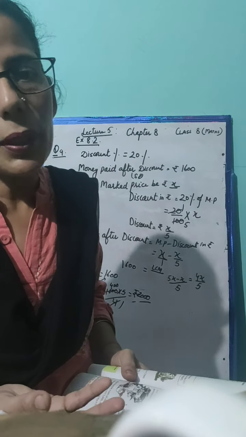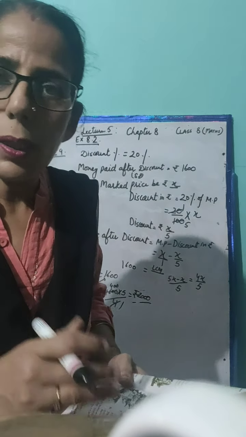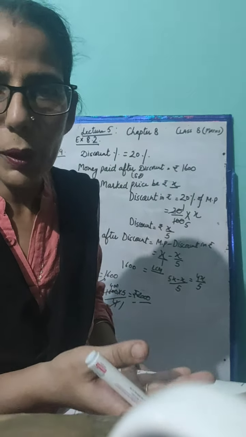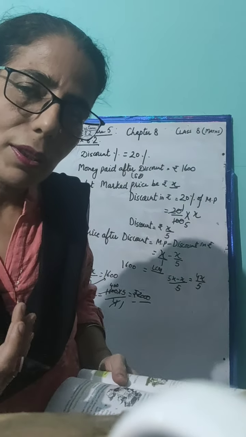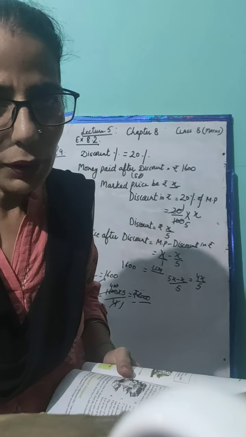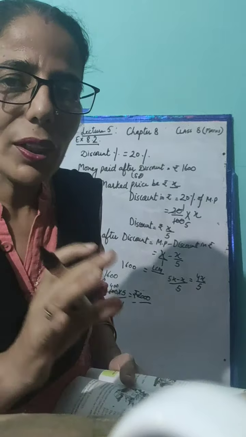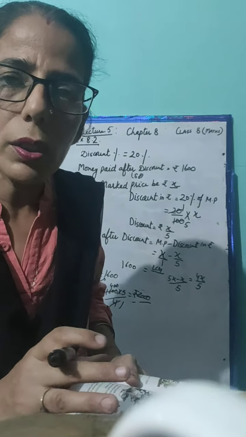Okay? It can be called selling price, it can be called cost price. Selling price is for the shopkeeper and cost price is for the customer. So you should not be confused whether it is a selling price or a cost price.